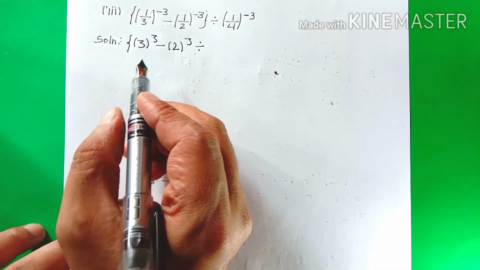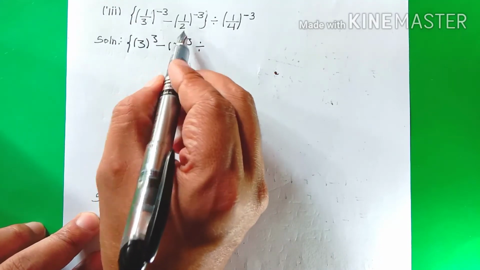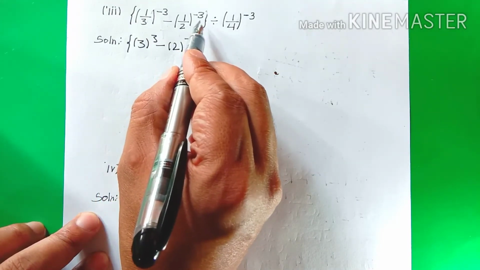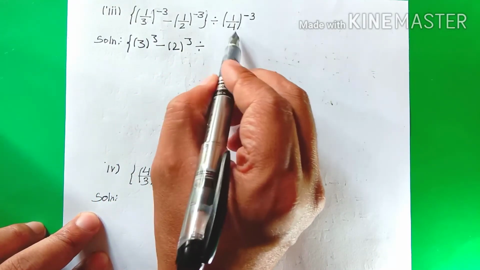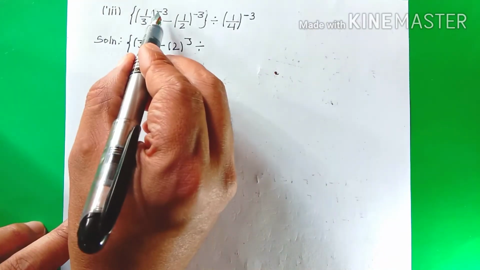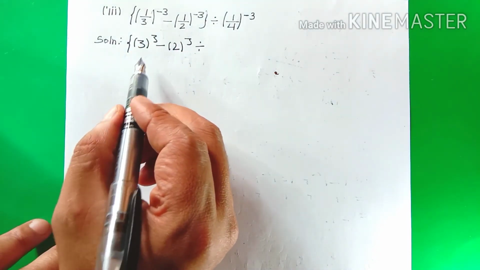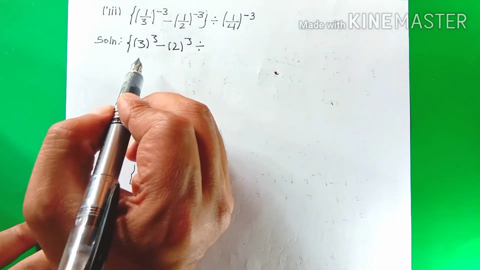Sub question number 3 here. We can see here 1 by 3 raised to minus 3, minus again 1 by 2 to the power minus 3, divided by 1/4 to the power minus 3. You can apply here the law of exponent. Whenever we get a negative power, we first convert that into a positive power. At that time, the base will take the reciprocal.